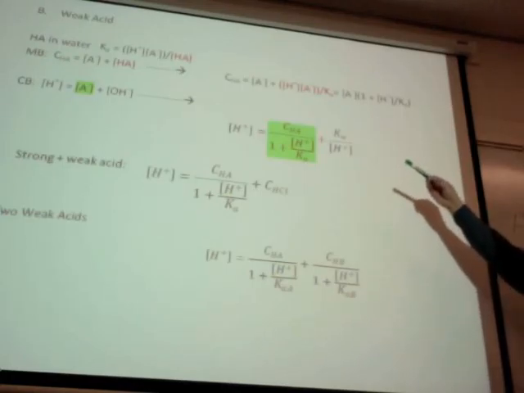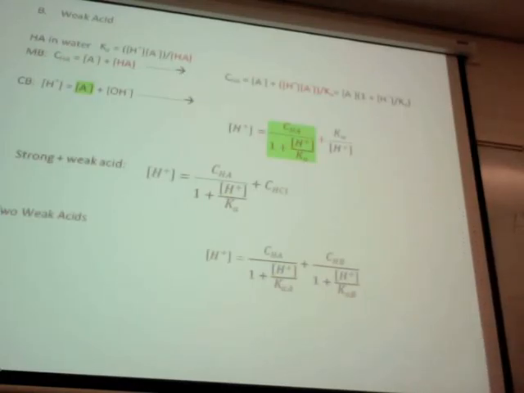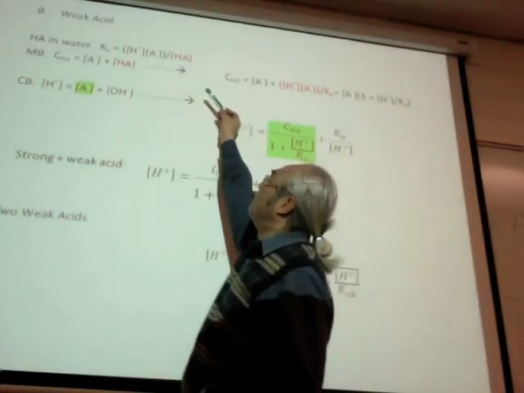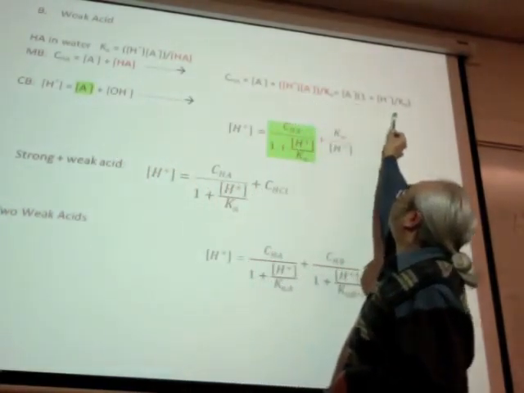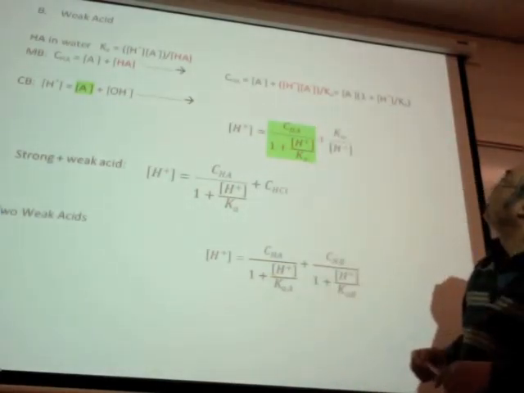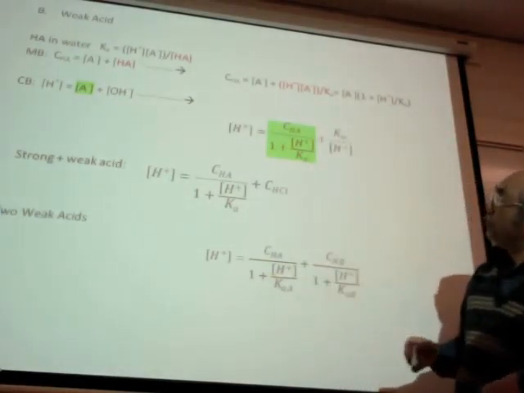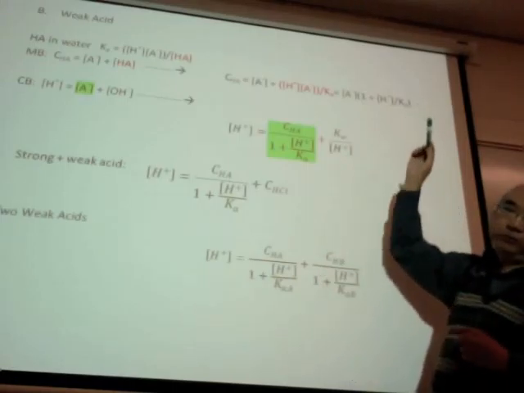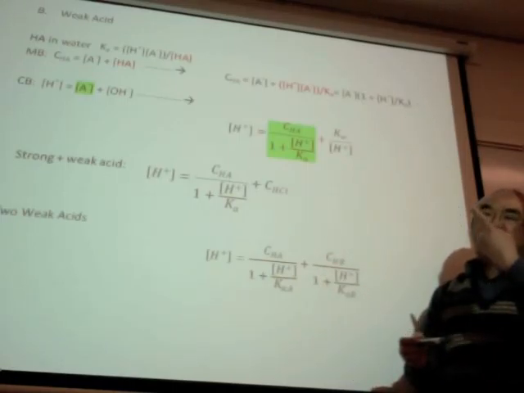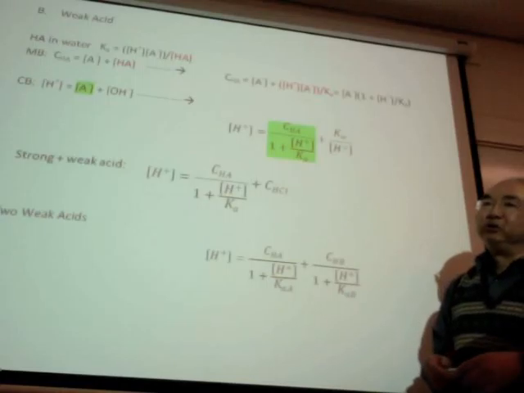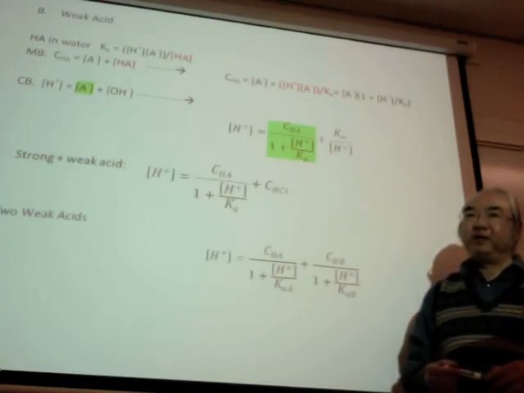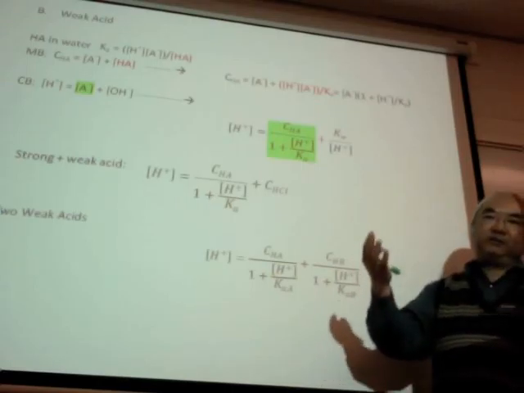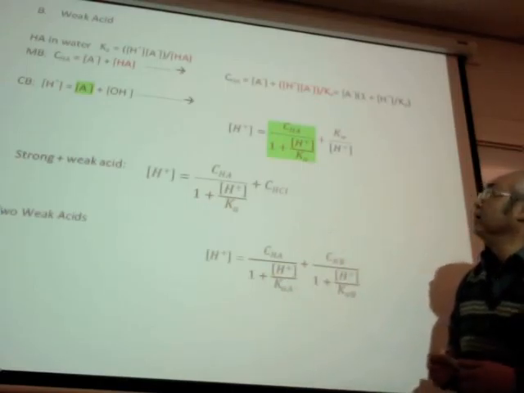So, based on reasoning, here you're going to substitute the HA by its equivalence. Okay? And your mission is to end up with just one unknown, that is H plus. So you don't want any other symbols in the formula. So you try to replace this and that.